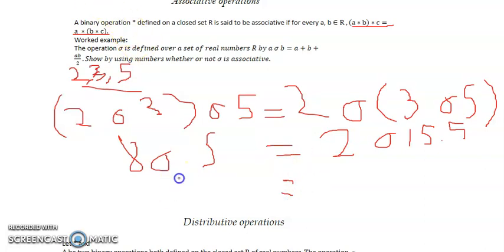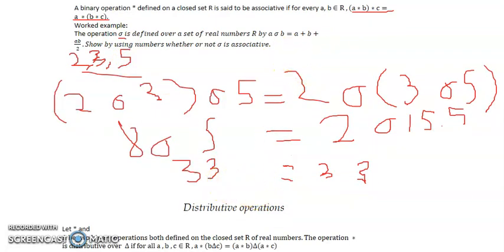Now both give 33. Both give 33. Now since both give 33, then the operation sigma is said to be associative. And that's it.